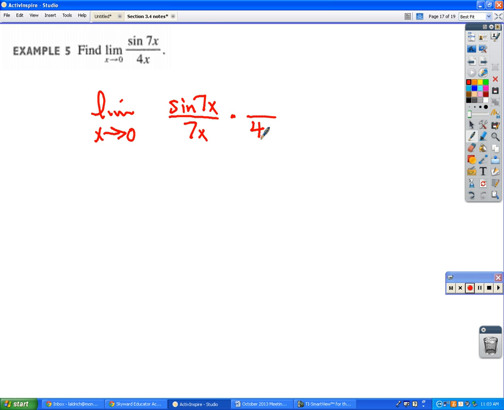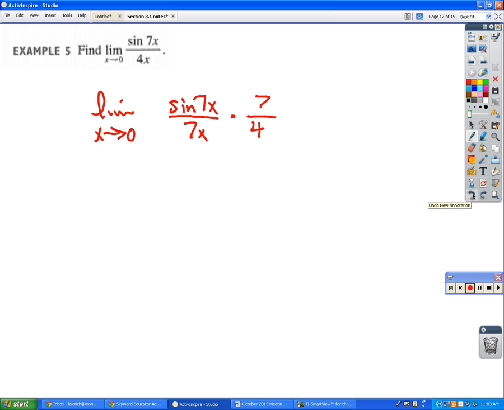And then the 7 showed up randomly, so to balance out that 7, I also need a 7 on top. Watch, here's what I can do. I could cancel these 7s, and then what do I have? The same thing that I started with. So what I did to get it into this different form is I multiplied by 7 fourths.